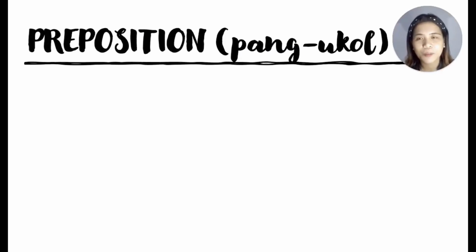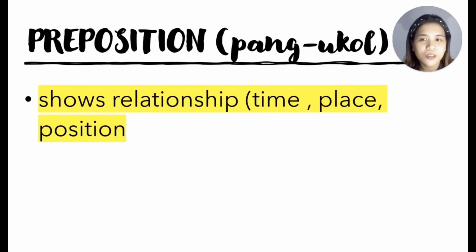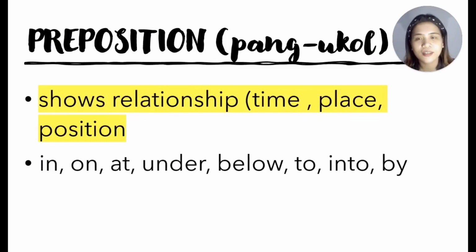Next, we have preposition or pang-ukol. Preposition shows relationship. It may tell about time, place, or position. Siguro, preposition is actually one of the most confusing or one of the most difficult topics to discuss with students.